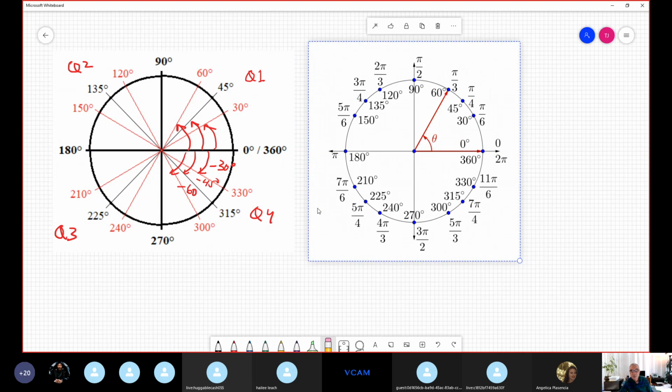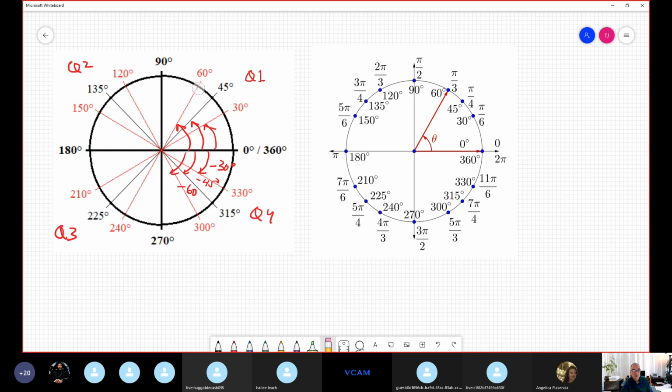For example, this is 60 degrees, and radian is pi over 3. Here, 30 degrees is pi over 6. Pi over 4 is 45 degrees.